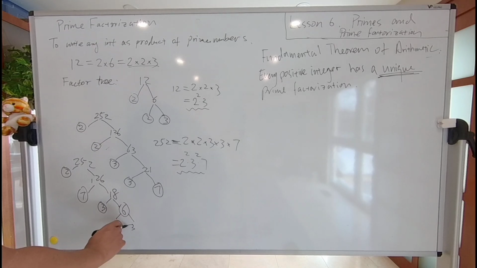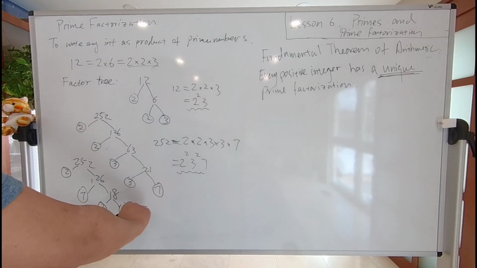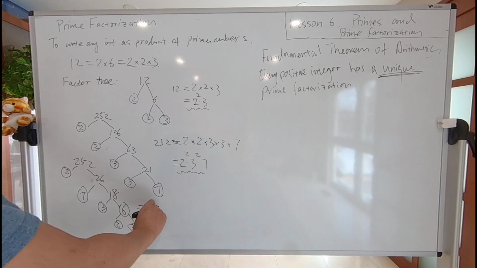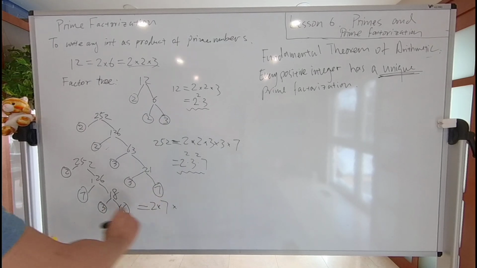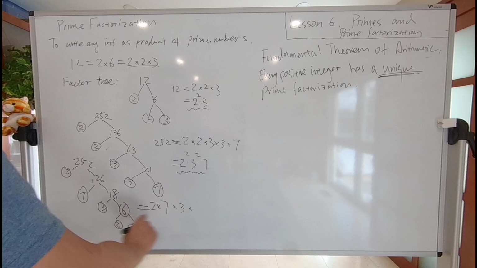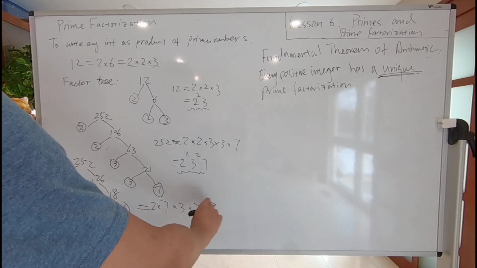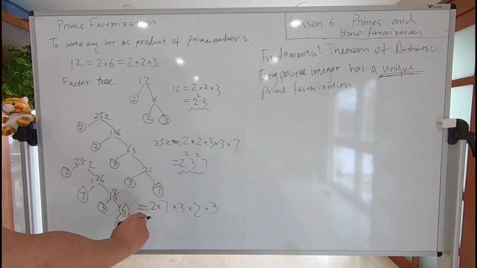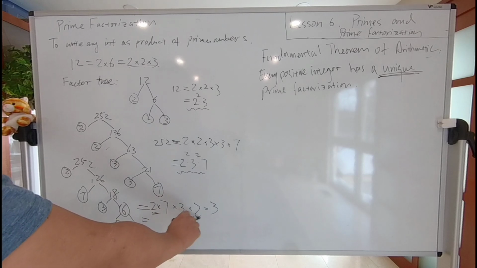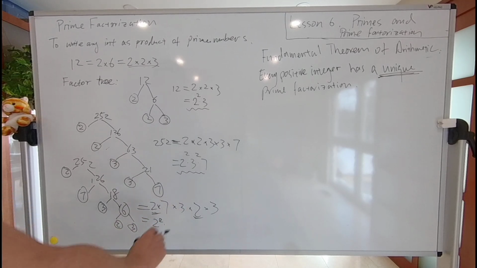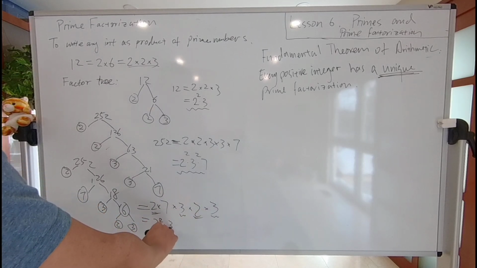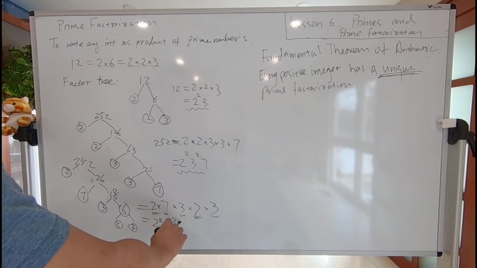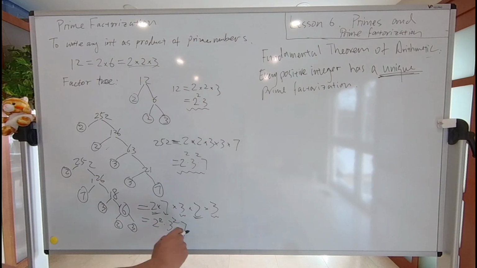There's no other combination. So this can be written as 2 times 7 times 3 times 2 times another 3. If I reorder this to write it in a compact form, I have two 2's, so it's 2 squared. I have two 3's, so 3 squared. I have one 7. So after all, it is the same.